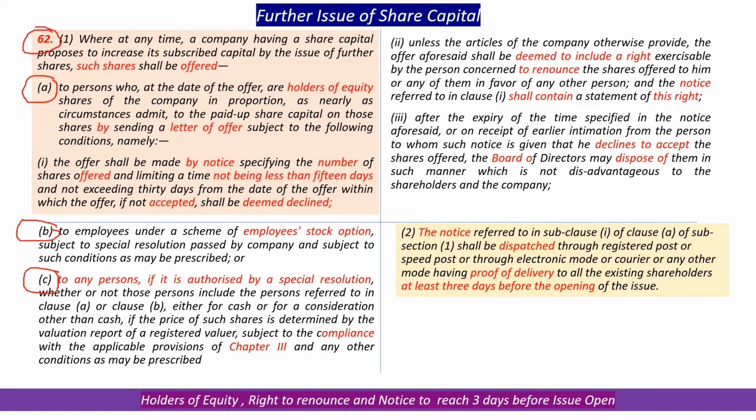First one is you can offer it to persons who are holders of equity shares of the company as on the date of offer, or you can issue to employees under a scheme of employee stock option which is separately authorized under a special resolution, or you can offer it to any person under a prospectus which is authorized by a special resolution.